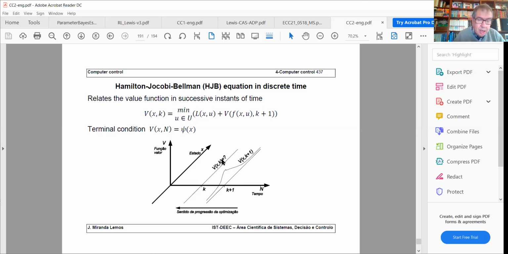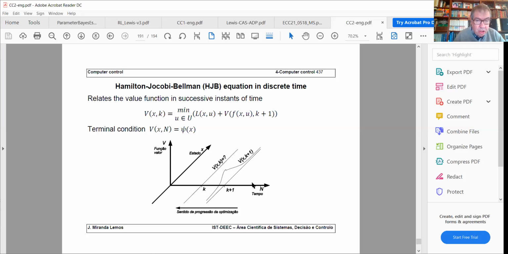So the previous instant. I want to compute the value of any state x at time k from the value of any state x at time k plus 1. And we are going backwards, so the direction of the progression of the optimization is to the left.